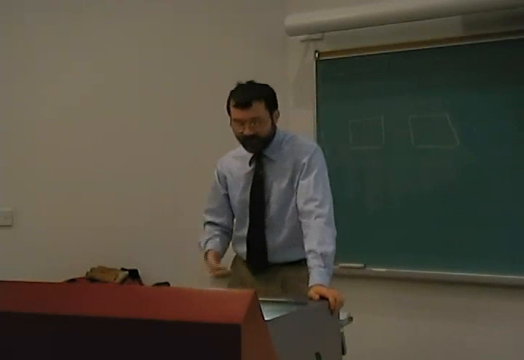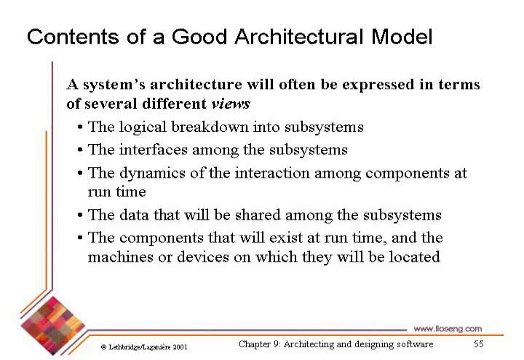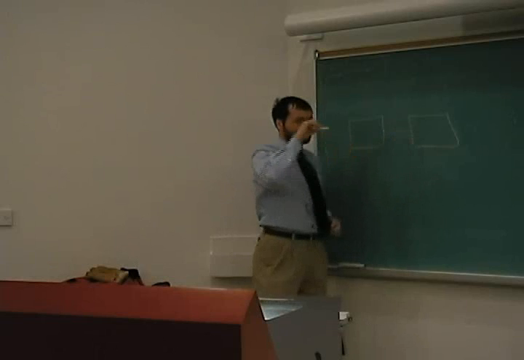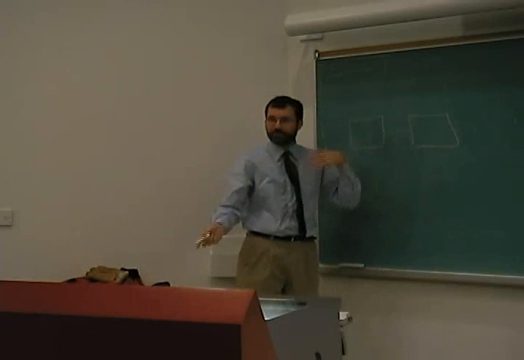So slide 55 sort of summarizes some of the things which you want to put in an architectural document. I'm not going to go into it in a lot of depth. The breakdown into the subsystems, the interfaces among those subsystems, the dynamics of the interaction. So you might need to specify, say, a state diagram model for this interaction, or sequence diagram to show the protocol, messages sent backwards and forwards.